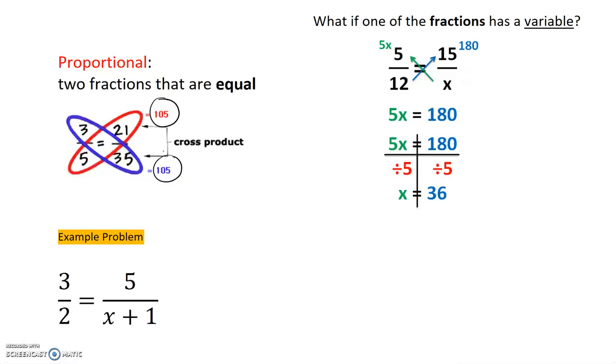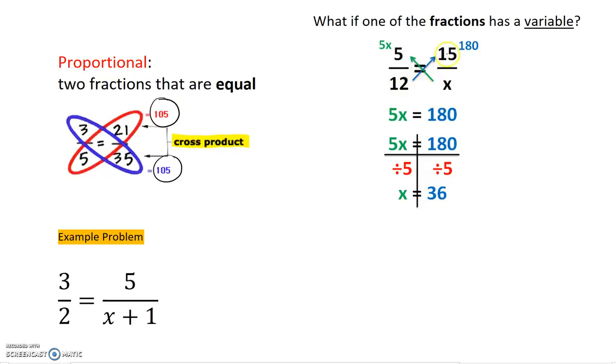Well, we won't always have numbers that we know. I mean, 3 times 7 is 21, 5 times 7 is 35. That's pretty easy. But what happens if you have one of the fractions with a variable? That's exactly why we use the cross product. So let's go ahead and do that. We're going to follow the same rules. We multiply the 5 times the x, and that gets us 5x.